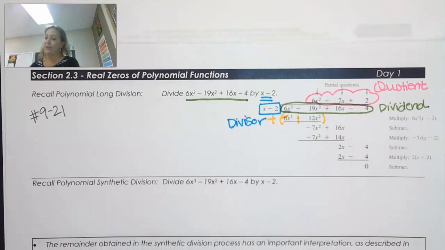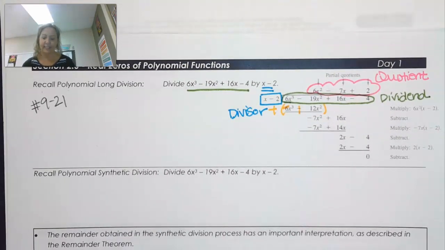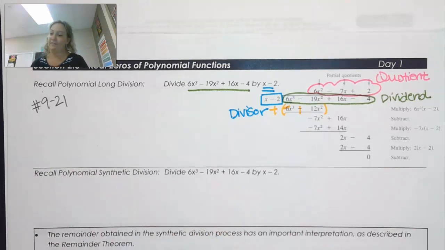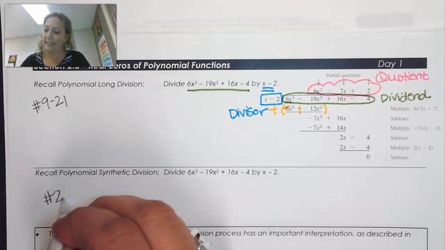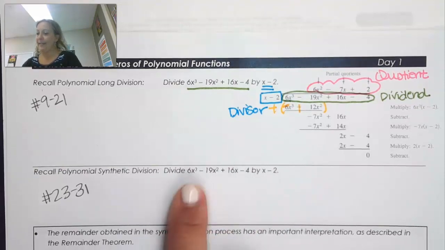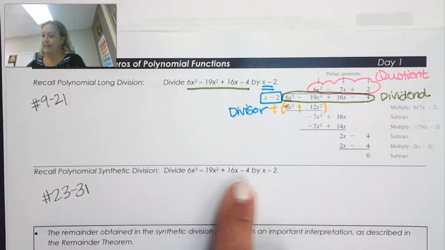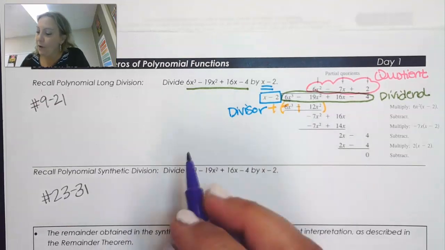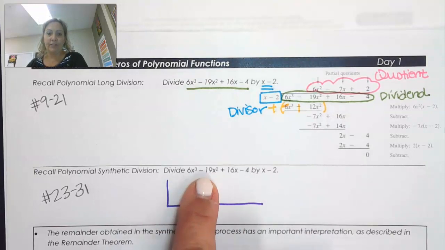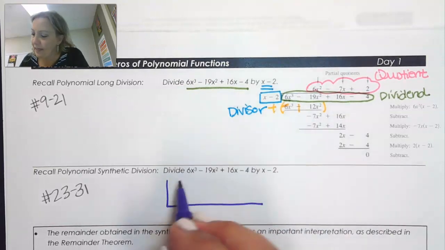Let's do the same question, but use synthetic division instead. And the synthetic division is what they ask you to practice in numbers 23 to 31. And to be honest, we'll be getting lots of practice with that. If we wanted to divide 6x cubed minus 19x squared plus 16x minus 4 by x minus 2, remember what we're going to do is take all of the coefficients of our dividend.